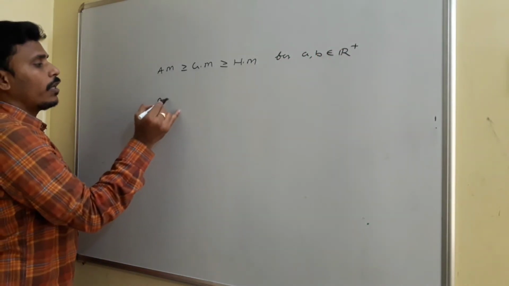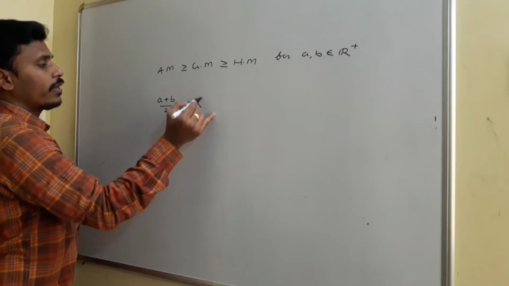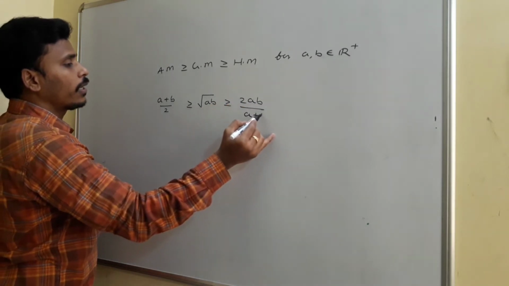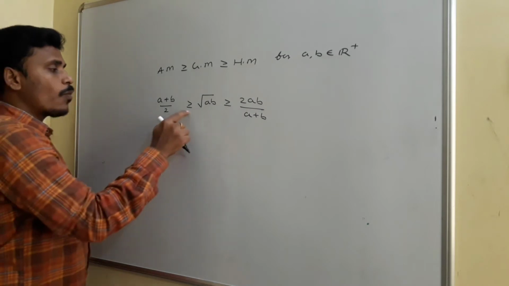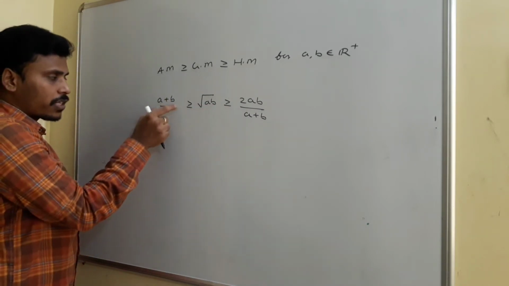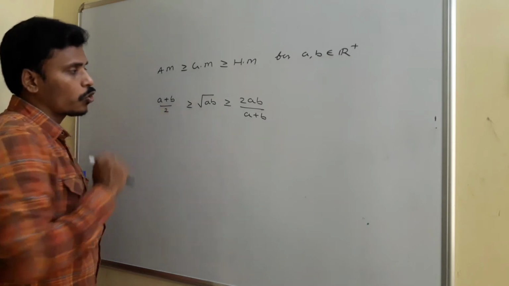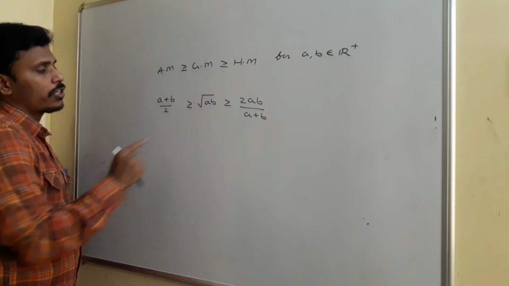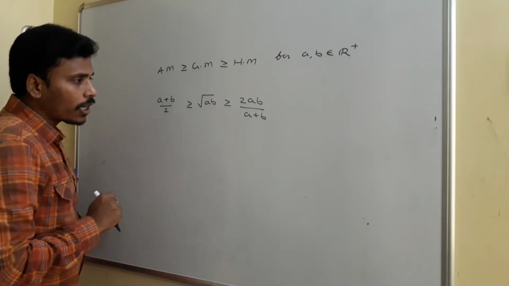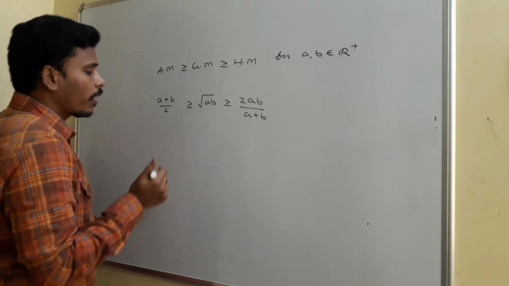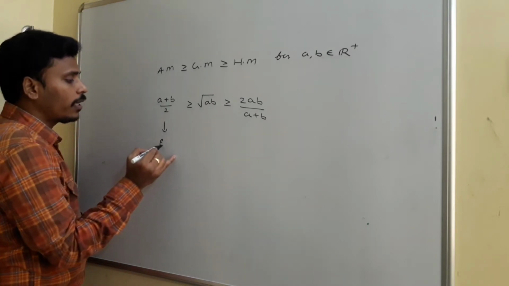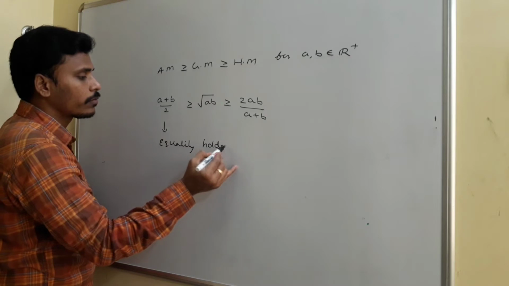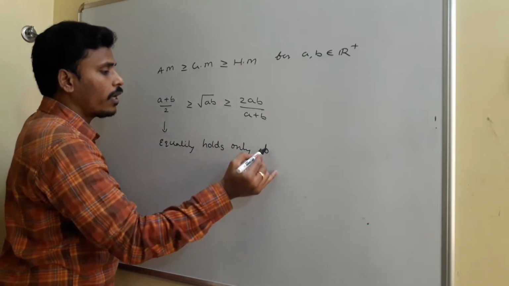And from there we will conclude that (a+b)/2 is greater than or equals to root ab is greater than or equals to 2ab/(a+b), right? See this first term (a+b)/2 is greater than or equals to root ab. But only in one situation does the equality hold. Here we need to note that equality holds only if a is equals to b.